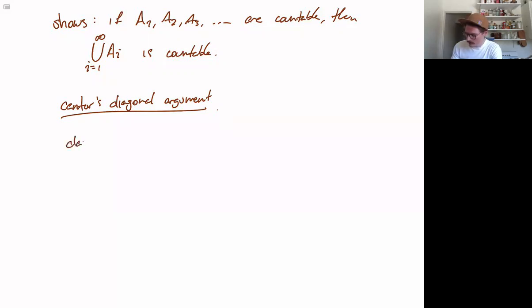So, claim: the cardinality of the real numbers is strictly greater than the cardinality of the positive integers. Which is to say, the real numbers, R, is uncountable.